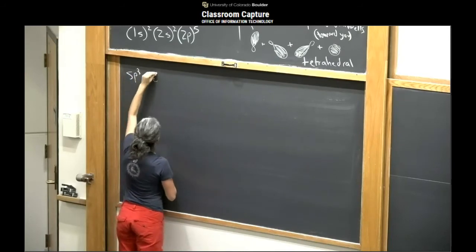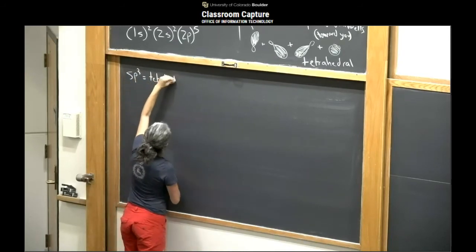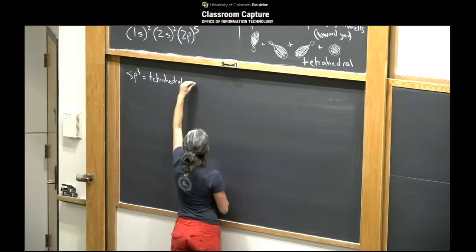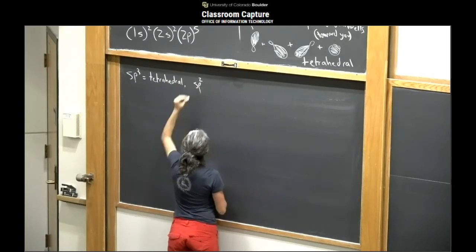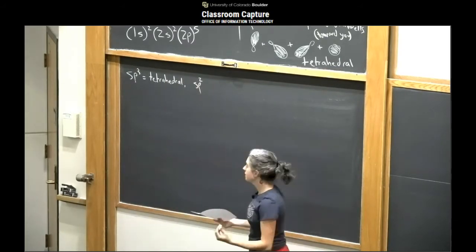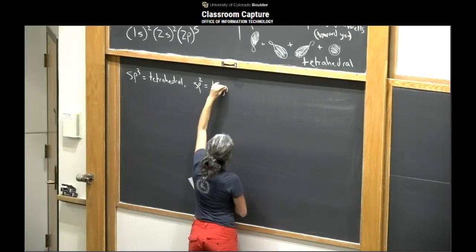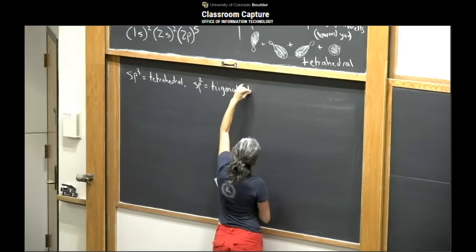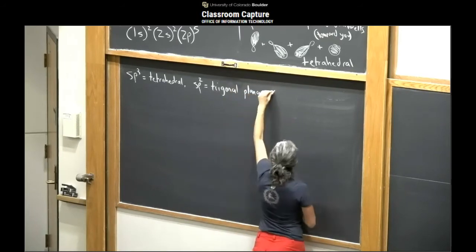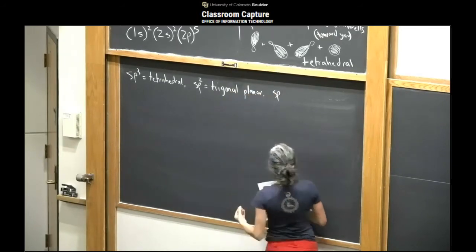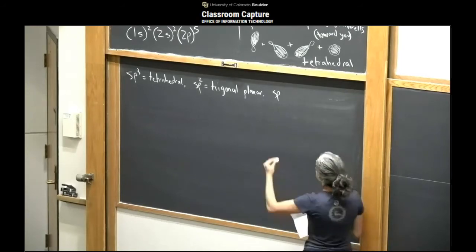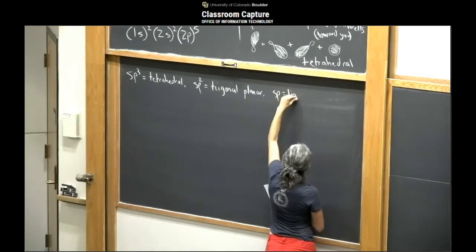So sp3 geometry is tetrahedral. sp2, where we're combining an s and 2 p orbitals, happens to be trigonal planar. And sp, where we're combining an s and just 1 p orbital, happens to be linear.